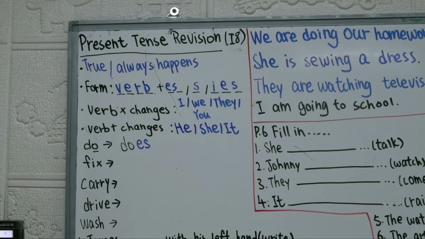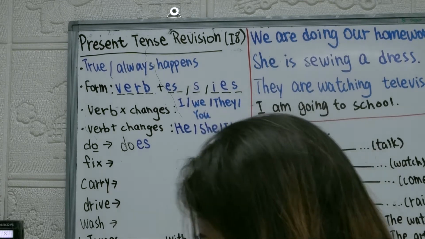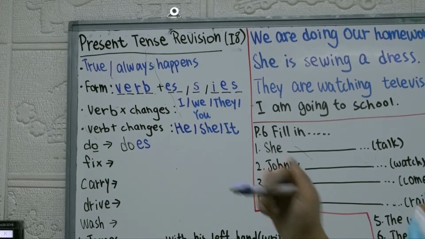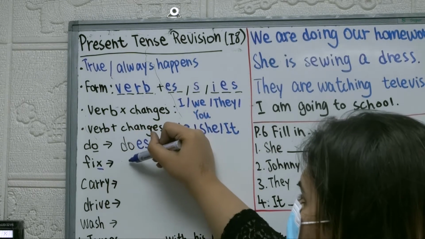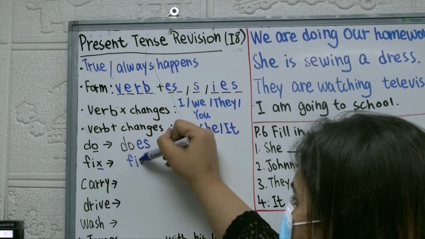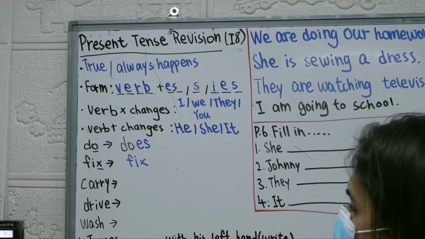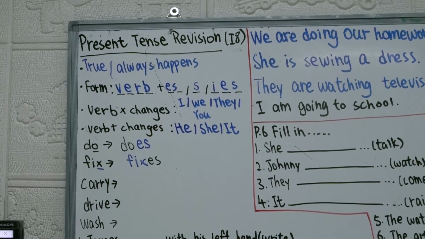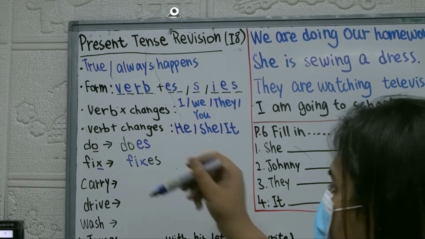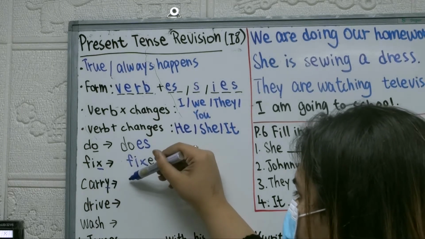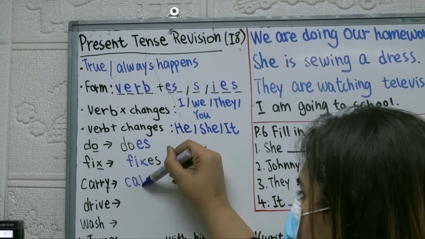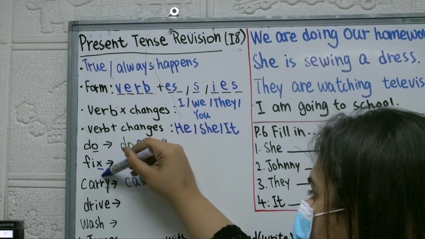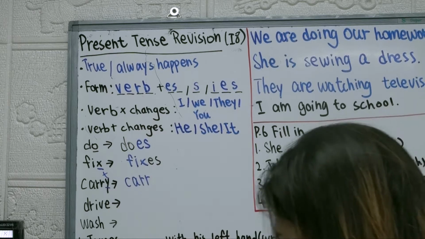F-I-X-E-S. Why do I add es? Because of x. We have to change it to fixes. Alright, how about carry? C-A-R-R-I-E-S. That's the basic one, good. We cross out the y and add i-e-s.